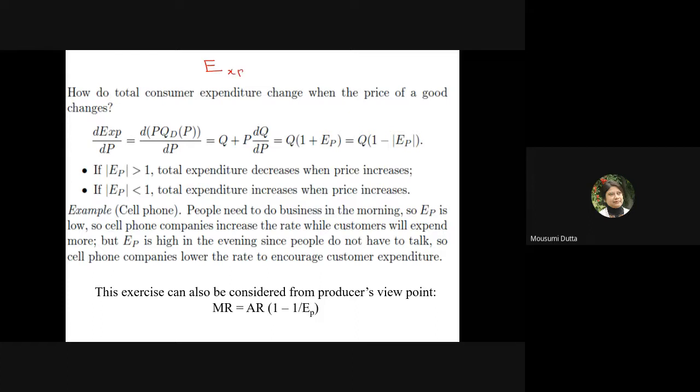This I am putting here to indicate this is the expenditure function. If the commodity is X, small x will be the quantity, P is the unit price, equal to P into this. This is the expression. Is it clear now?